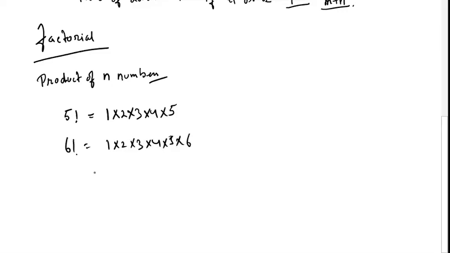Okay, so can I write 6 factorial as 5 factorial into 6? Can I write like this? Very good, because factorial is nothing but a product. Now tell me, 7 factorial minus 4 factorial, can I write it as 3 factorial?